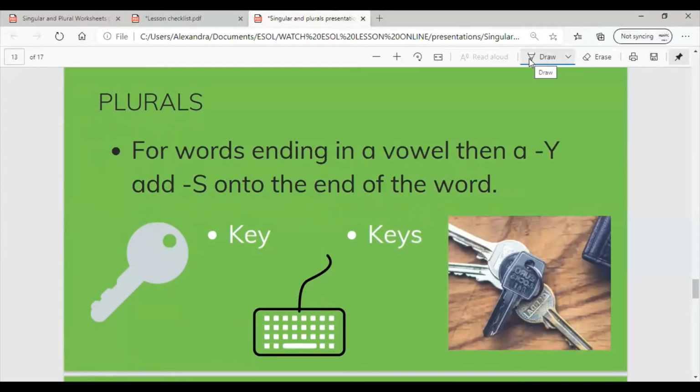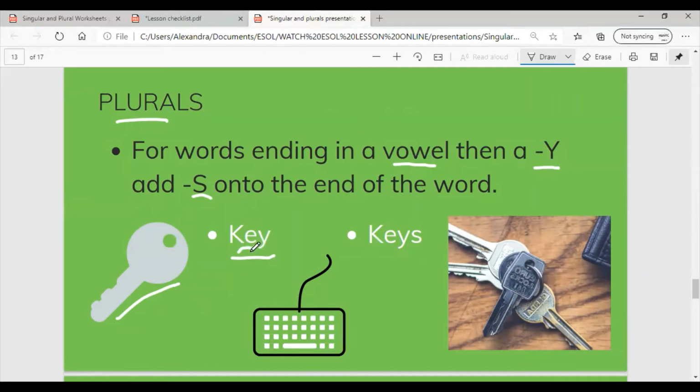Okay, so here we've got another example. So if you have words that end in a vowel and then a Y, so instead of a consonant like we looked at with vacancies, if they have a vowel and then a Y, you're just going to add S onto the end of the word. So here we have the word key. So we've got a key, 1 singular key. This is the singular word, but we want to turn it into the plural to say we've got several keys.